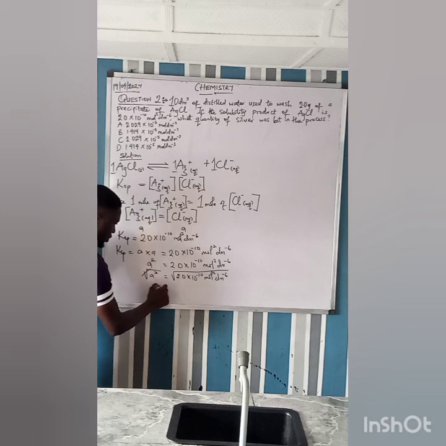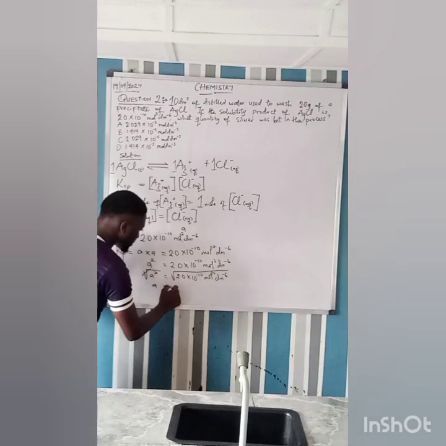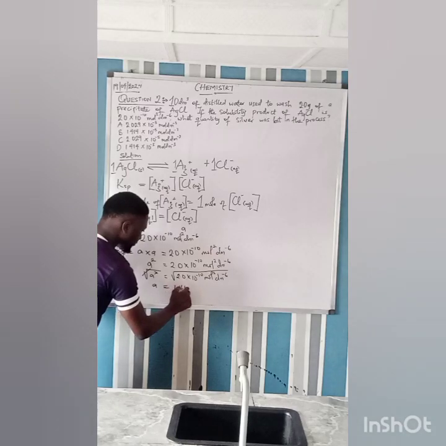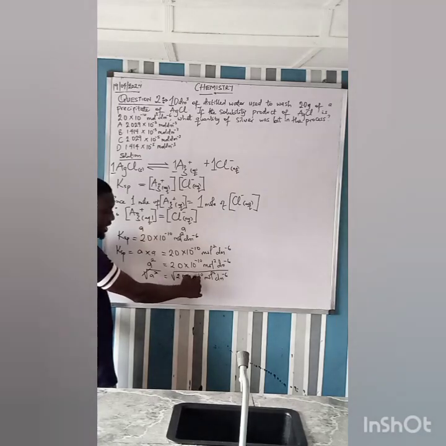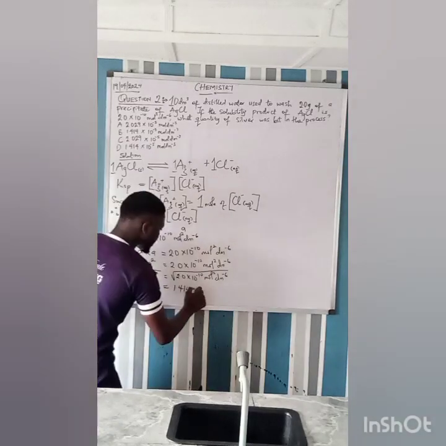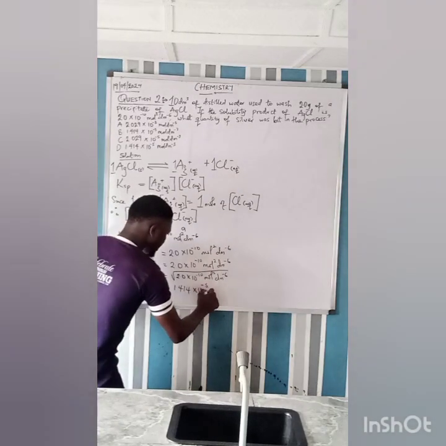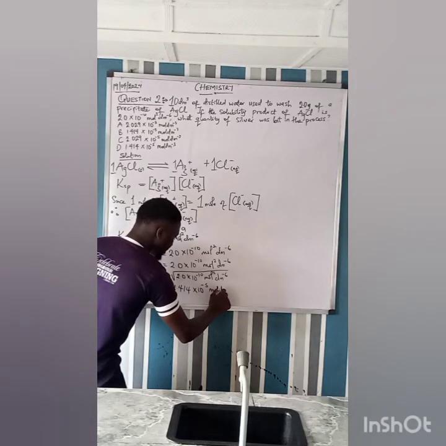So our A equals the square root of 2, which is 1.414, times the square root of this, that is half times 10, which gives us 5. That is 10 raised to the power of minus 5 mole per dm cubed.